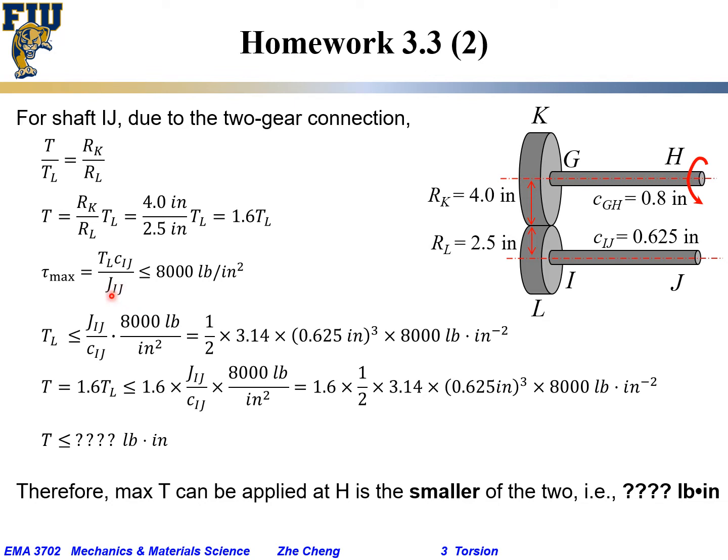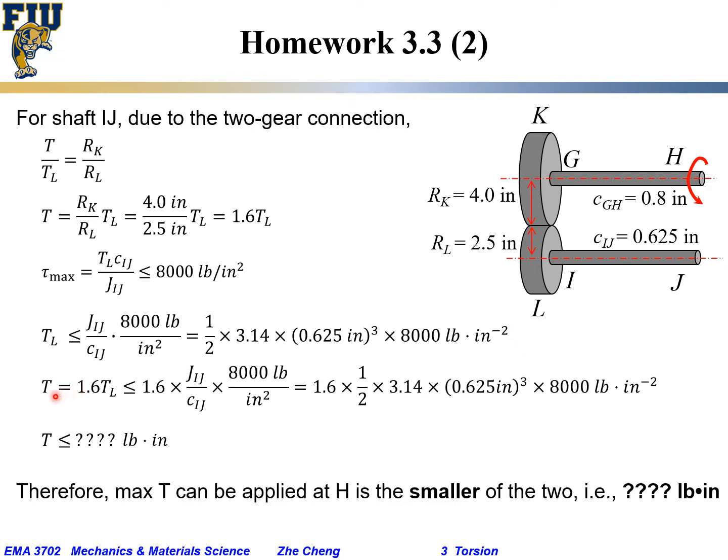Okay, and as a result, TL, the torque for L, should be smaller than or equal to Jij divided by Cij times 8,000 pounds per square inch. And then J over c would be half pi radius to the power of 3 times 8,000, and you get a number.